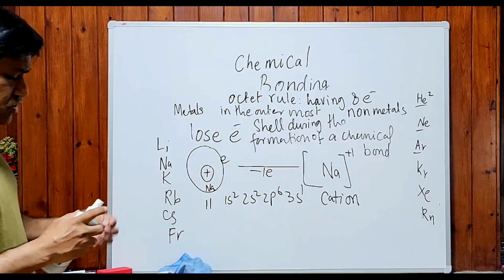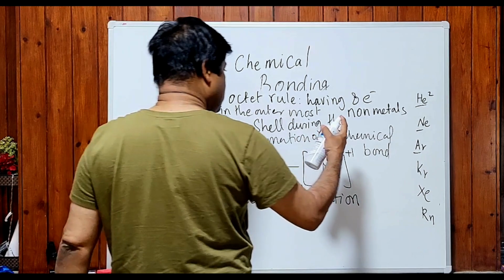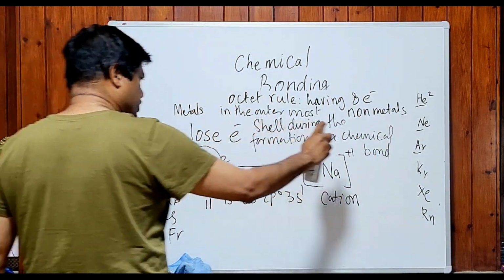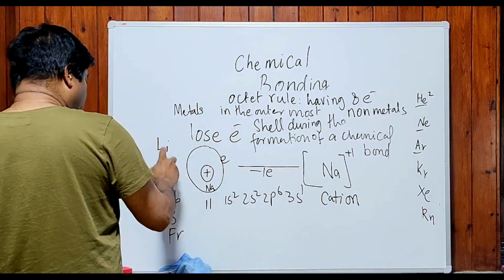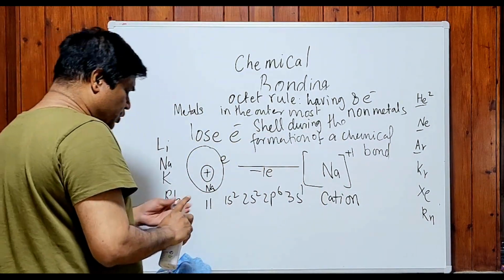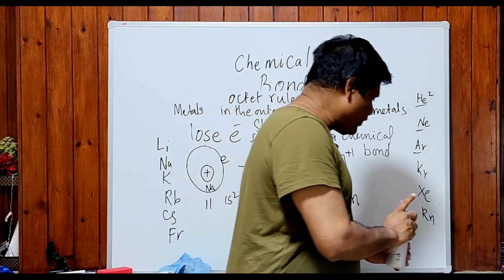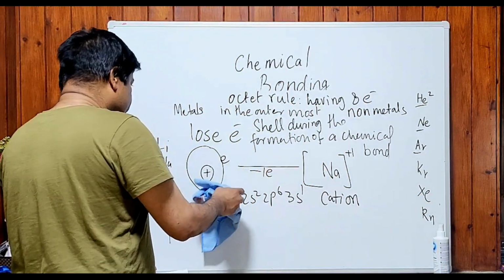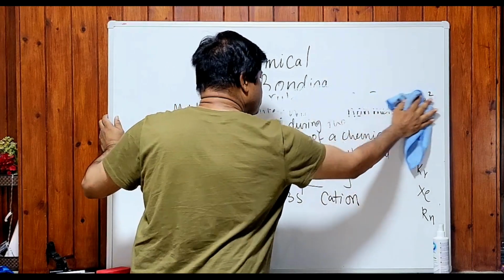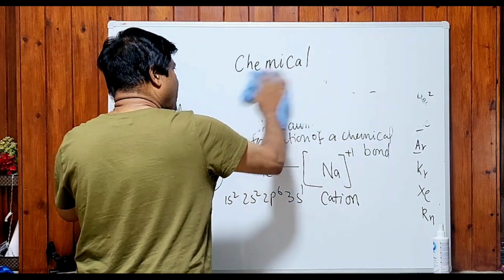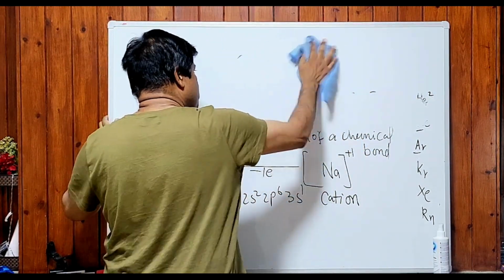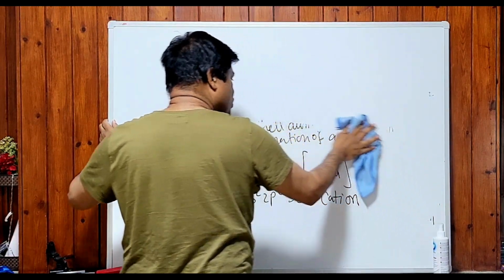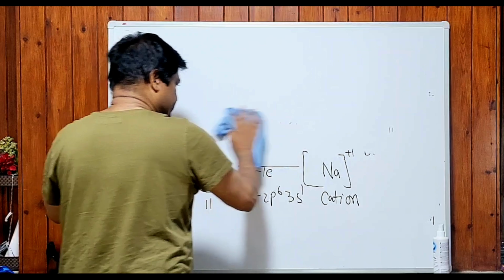Let's see how many electrons they have in their outer shell, and why it's easy for them to gain electrons rather than lose electrons. So halogens have 7 electrons in the outermost shell, which is also called the valence shell.